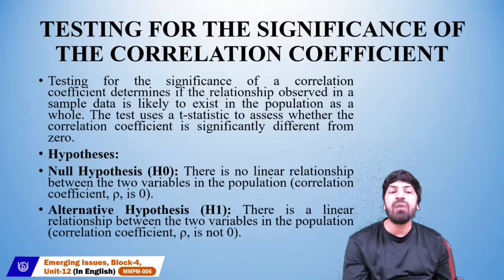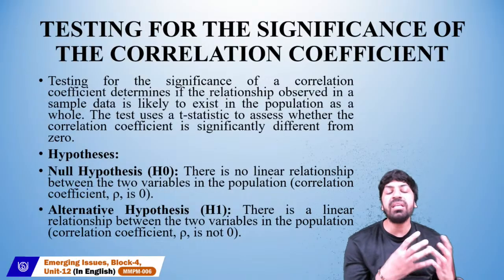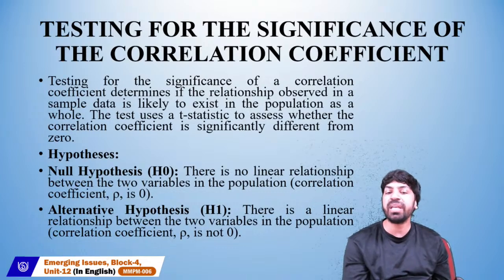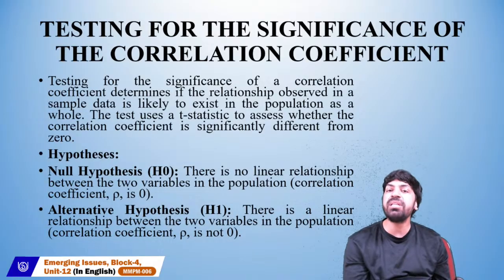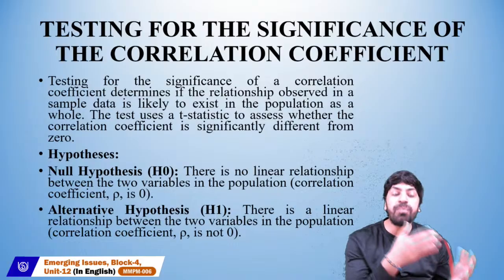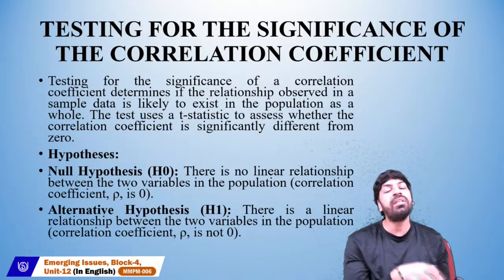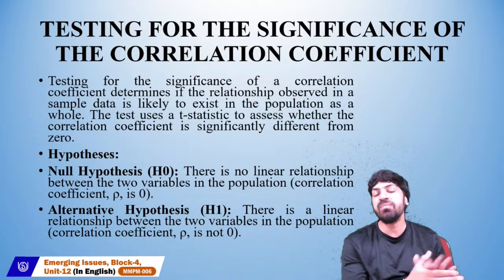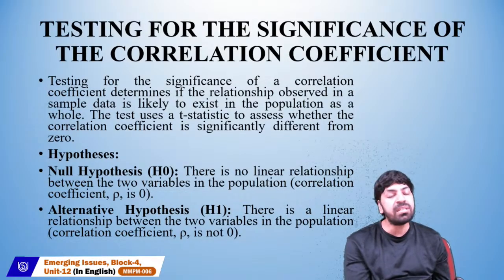The alternate hypothesis says there is a linear relationship between the two variables in the population, that means the correlation coefficient is not 0. We need to prove whether a relationship exists between the two variables using the t-test or t-statistic test.